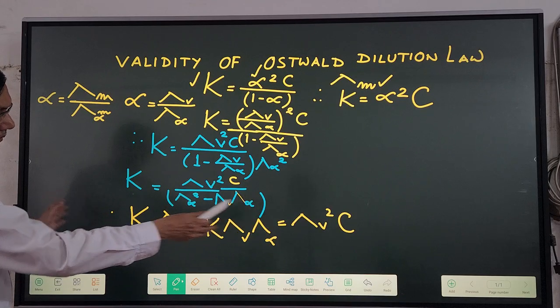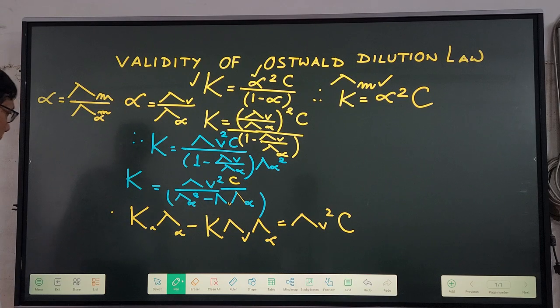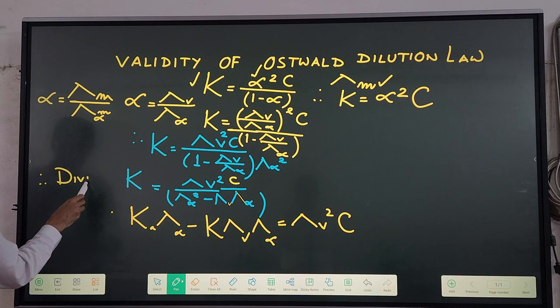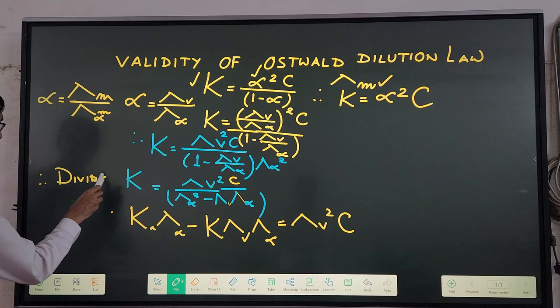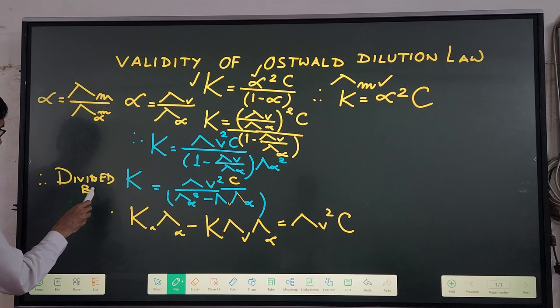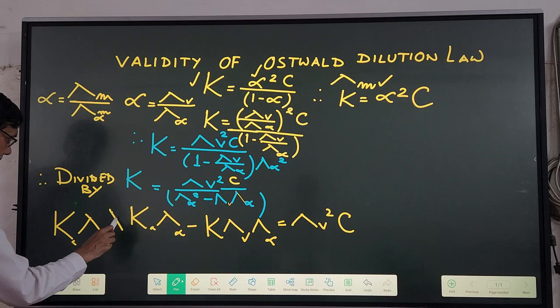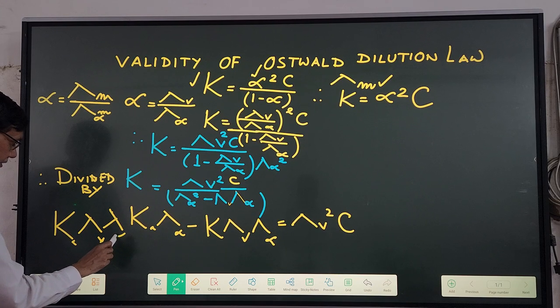Now this whole equation is divided by K lambda_v and lambda infinite.